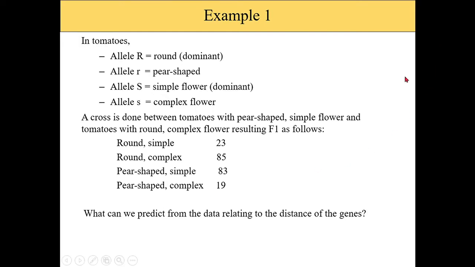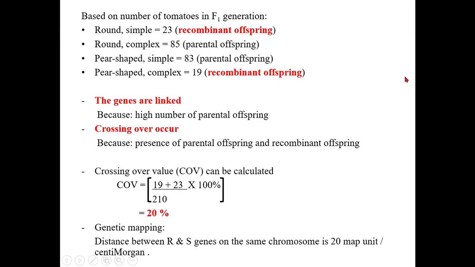genes? So, let's look at the explanation. As I said just now, based on the numbers of the offspring given, if the 2 big numbers, that is referring to the parental offspring. Parental offspring means offspring that have the same trait as the parent, either one parent.